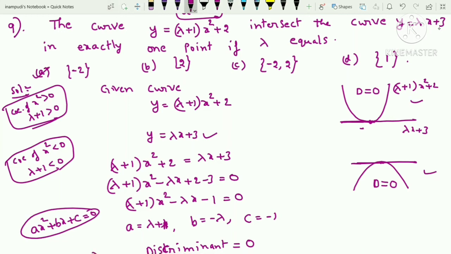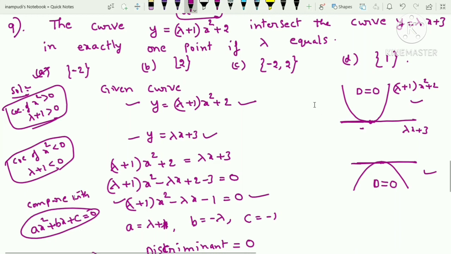At the intersecting point, in this question, we equate these equations and get one equation. After this, we compare the equation with ax square plus bx plus c equal to 0, and then the discriminant is equal to 0.